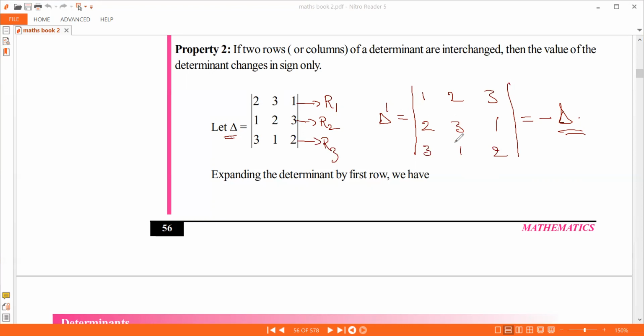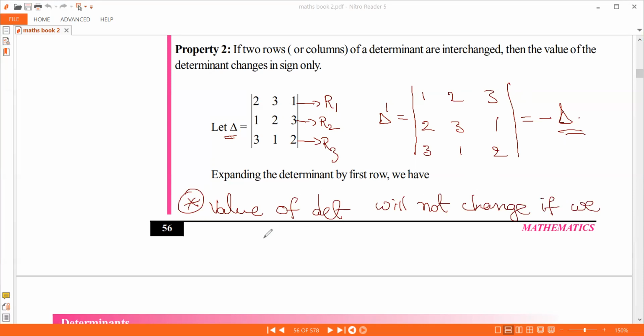Now, suppose you swap once again, you will get the positive value. The value of the determinant will not change if we double swap the rows and columns.